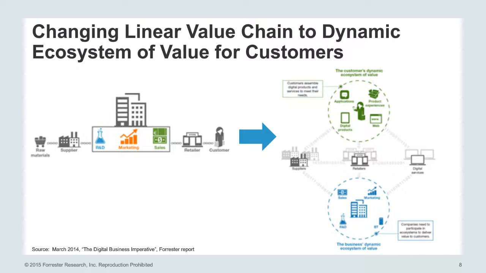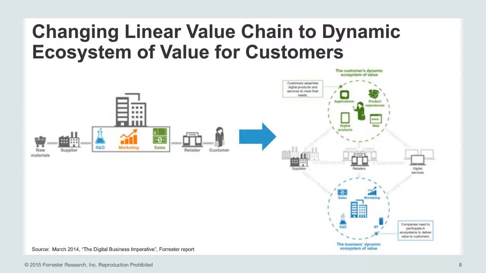Why are they continuously changing? Because the customers are continuously looking for more value from the applications, the mobile, the channels that they are using to get what they care about. And the difficulty for companies is to continuously adjust and join different ecosystems that will provide the wide service and the wide value to customers.